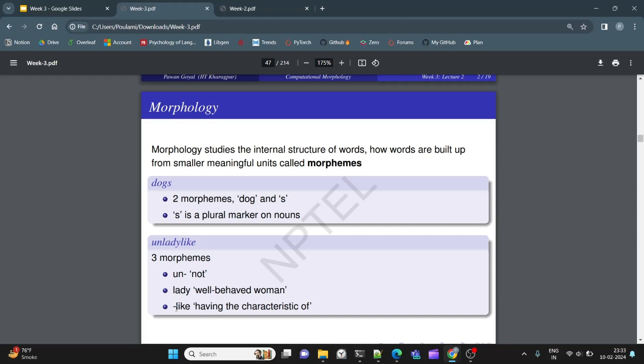Ladylike means having the characteristics of a well behaved woman. Whereas unladylike is the opposite, so, not having the characteristics of a well behaved woman. These are how morphemes carry meanings. This is an example of form and meaning, and how they are present in a word.